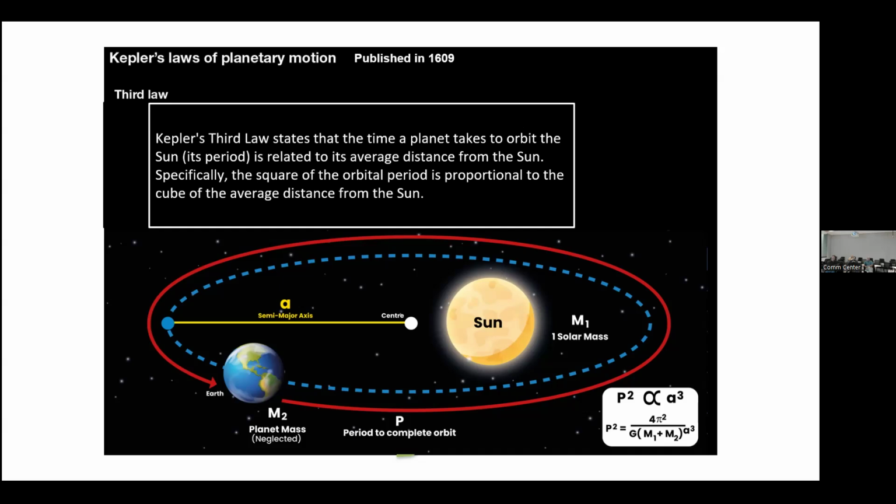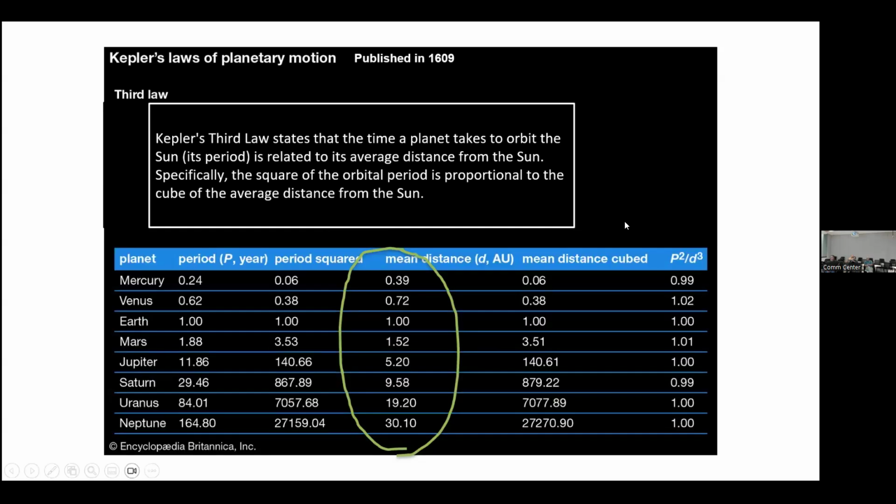So once you knew how long a planet took to orbit the sun, you could come up with the ratio of how far away from the sun it is. Not necessarily the distance, though.